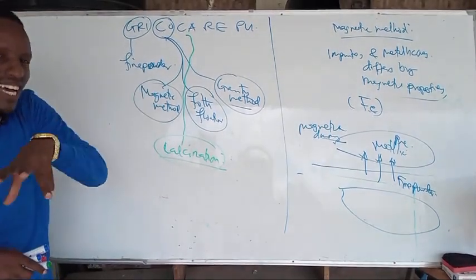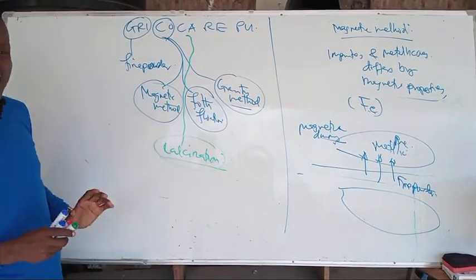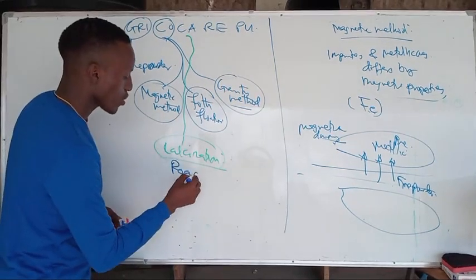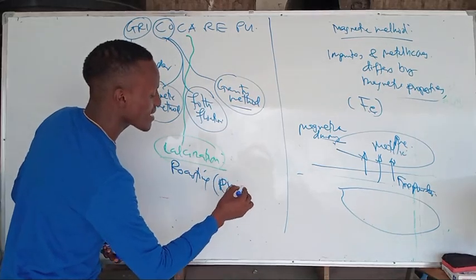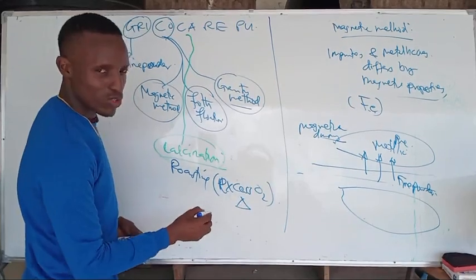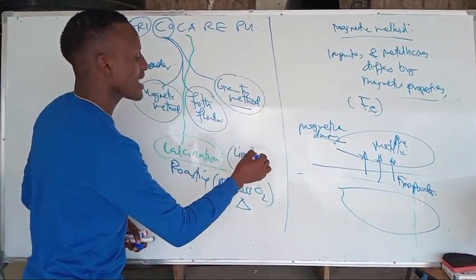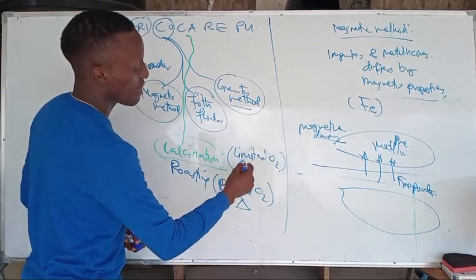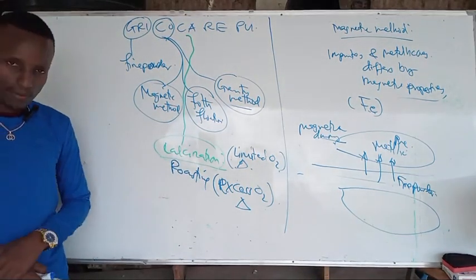It is burnt either in the presence of excess oxygen, which is roasting, or in a limited amount of oxygen, which is calcination. That's what we say about the calcination.